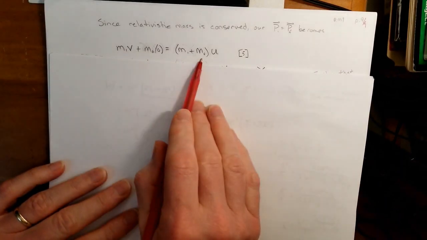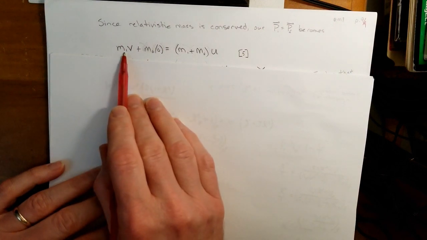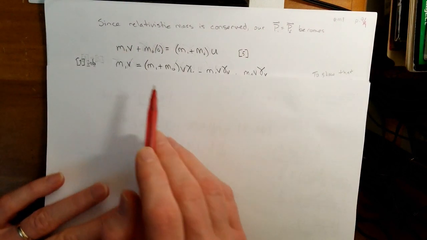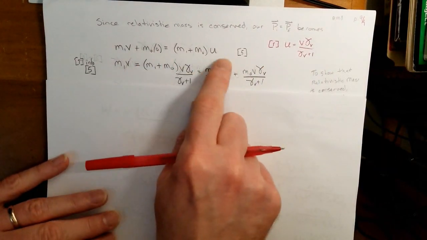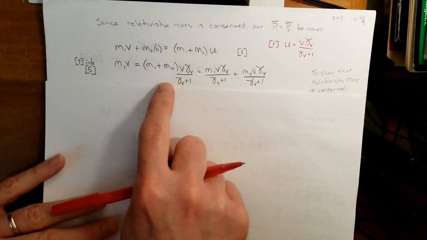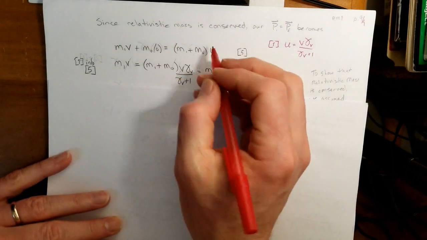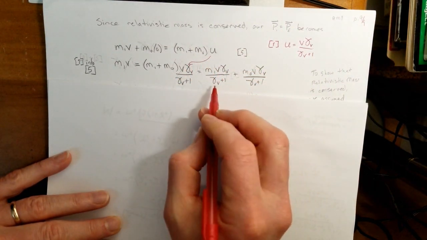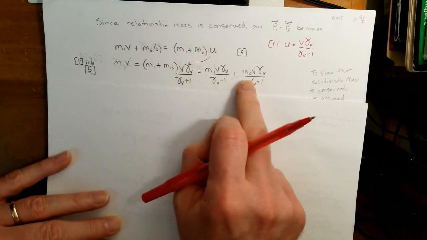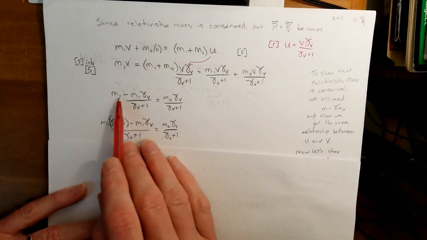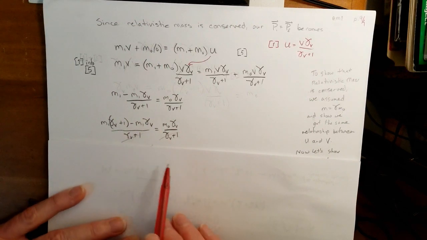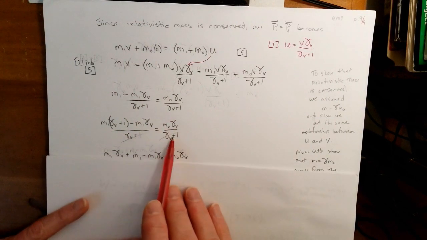So we have our conservation of momentum, where m1 is equal to gamma sub v times m. We plug our equation 1 into our value for u right there, and so that's what that is. We then distribute, get our m1 terms over on one side, get a common denominator, multiply by that common denominator.